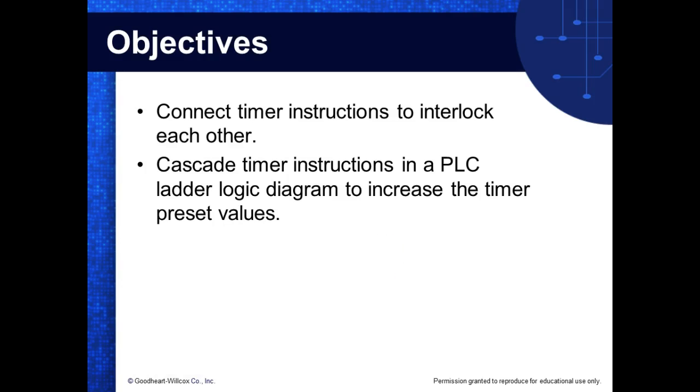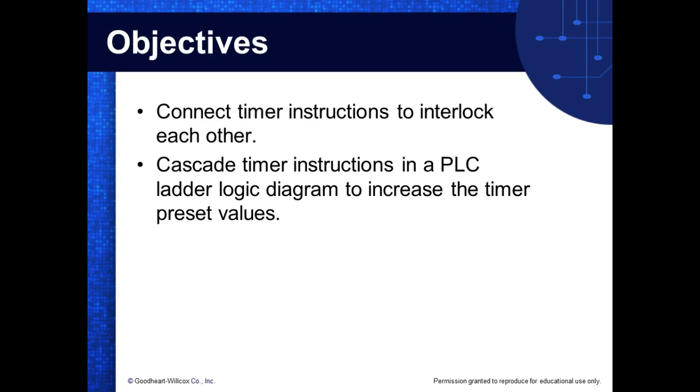We'll connect timer instructions together, interlock them. Y'all have all seen flashing lights and stuff like that; we'll see how we can do that with timers by interlocking. And then cascading, which means when one finishes timing, it triggers another one to start timing. That way you can get extremely long timers, because we're limited in the amount of numbers we can put in them.